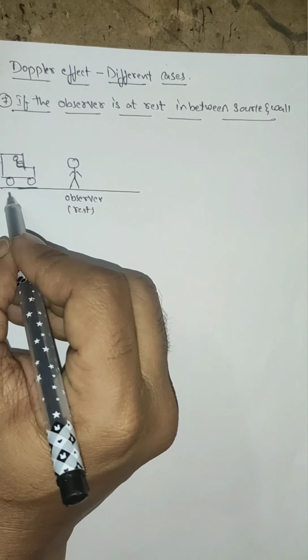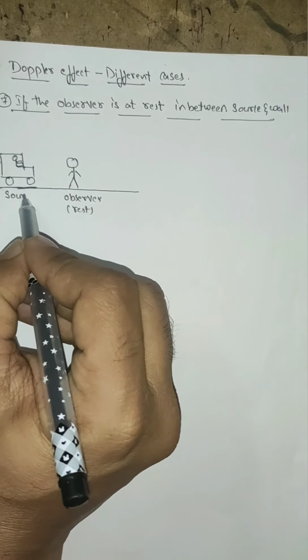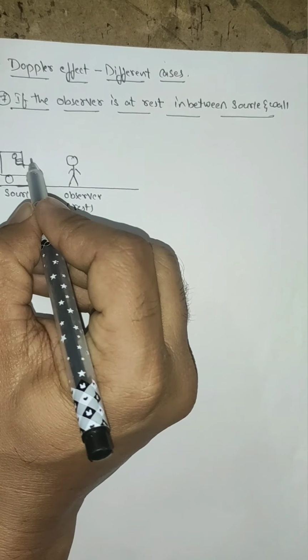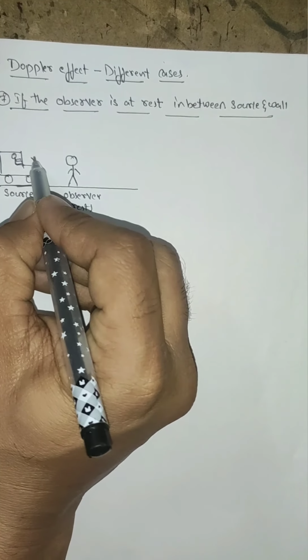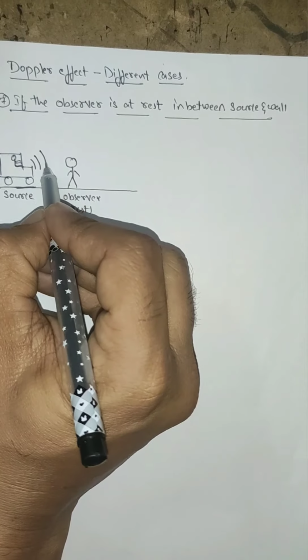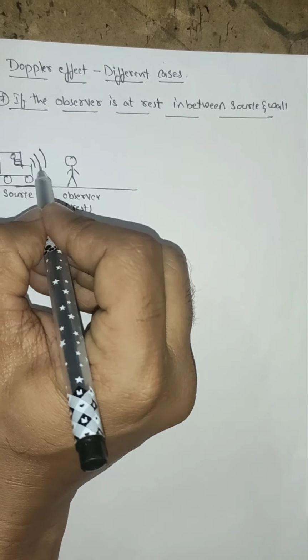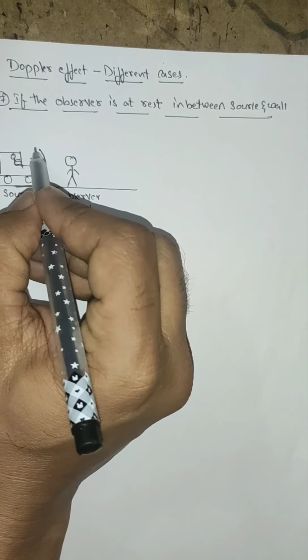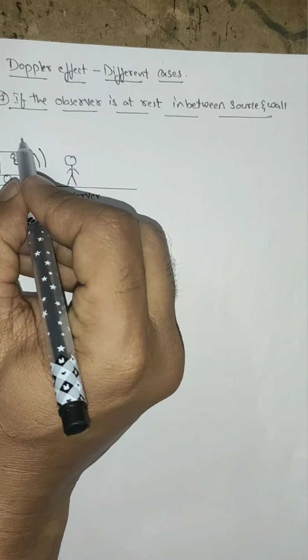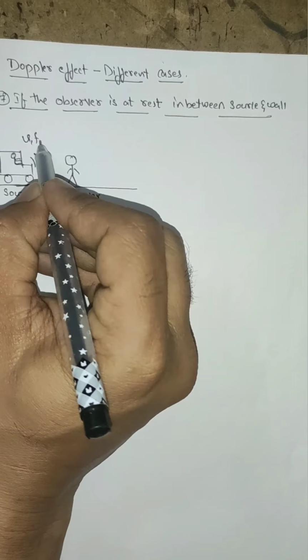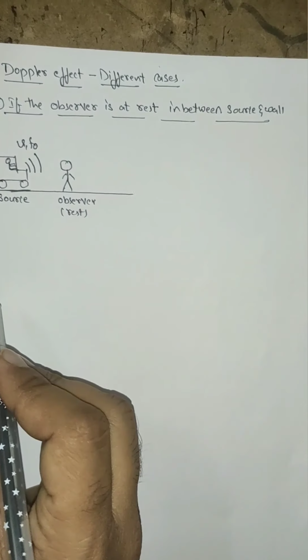So this car will be the source of sound, because here the driver continuously sounds the horn, and the sound will travel with a speed of v with a frequency of f0.